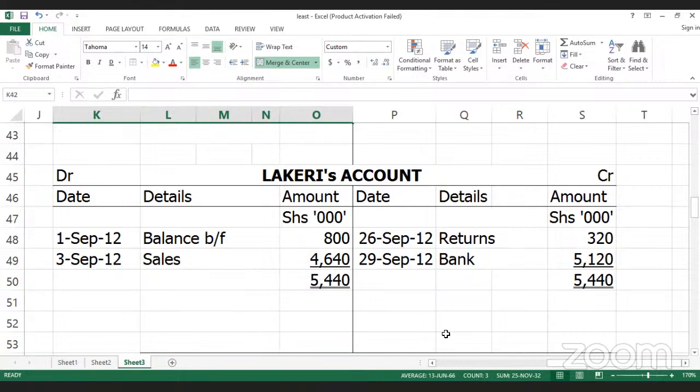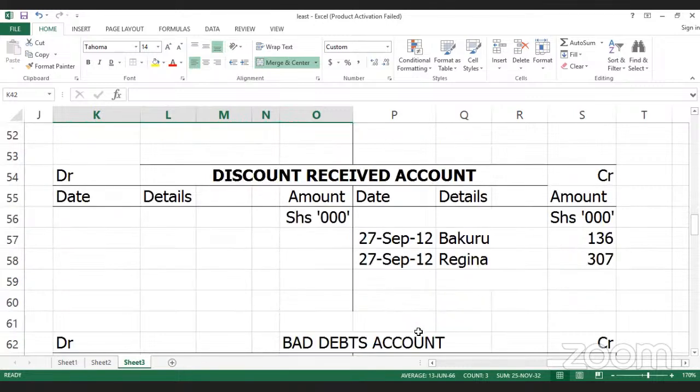So what we have to do next, we move to the next account, that is the discount received account. Discount received, which side is greater?